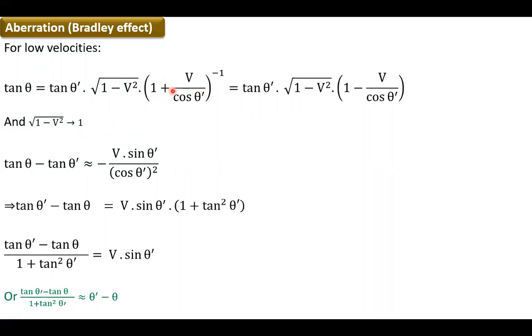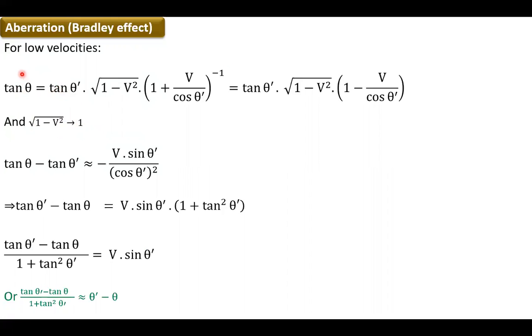So it's 1 minus v over cosine theta prime plus etc. You have negligible quantities after the v over cosine theta prime. Also the radical of 1 minus v squared at low velocities tends to 1, because your v squared is actually v squared over c squared, and for very small velocities, it tends to 0. So the radical is almost 1.